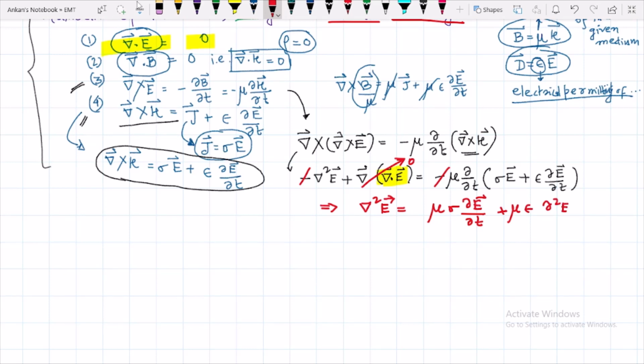So this is del 2E del T2. Now by changing the side you can modify it as del square E minus mu sigma del E del T minus mu epsilon del 2E del T2 is equal to 0.